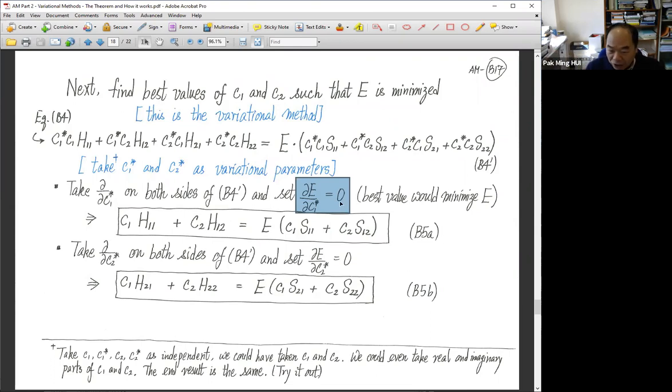So that term vanishes. Therefore, E in the rest of the partial derivative will be taken as a constant. And now C1 star appears here. It picks up C1 S11, this one. Then the second term picks up C2 S12, this one. The rest don't have C1 star, disappear. So immediately you have this equation.